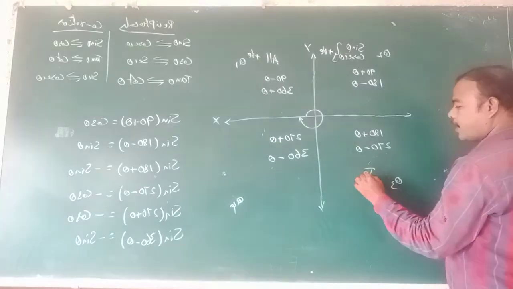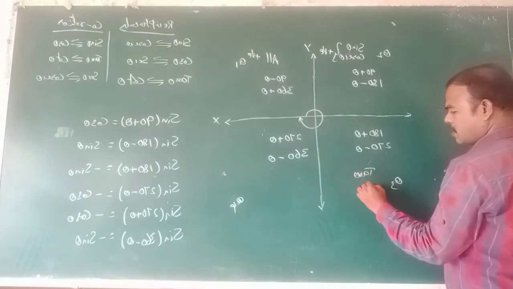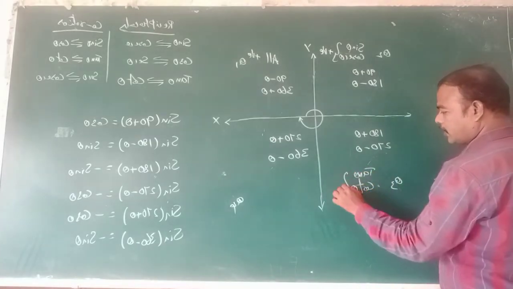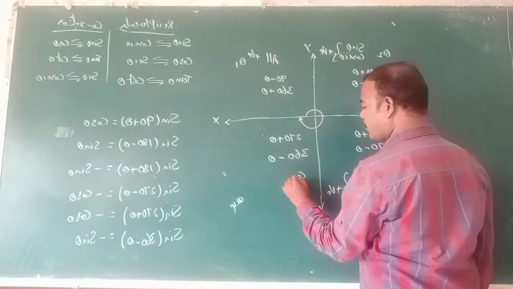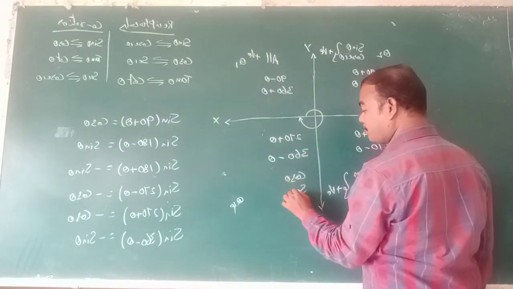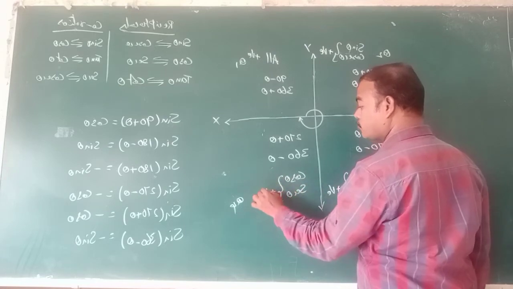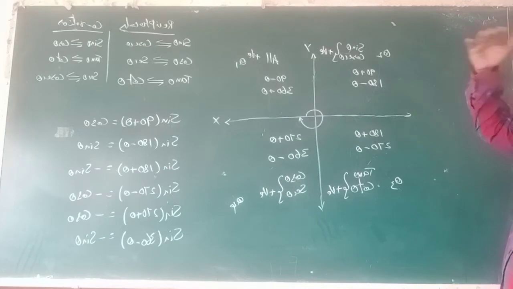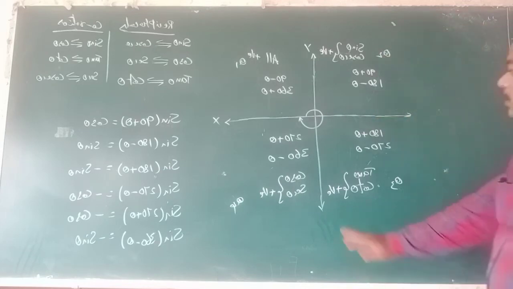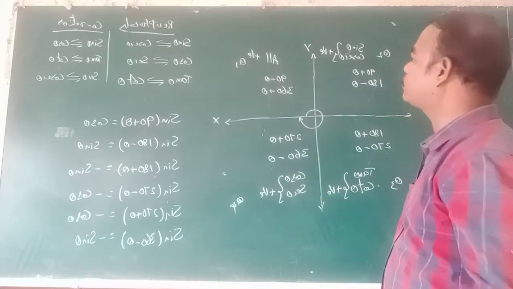In the third quadrant, tan theta and its reciprocal cot theta are positive, remaining negative. In the fourth quadrant, cos theta and its reciprocal secant theta are positive, remaining negative.